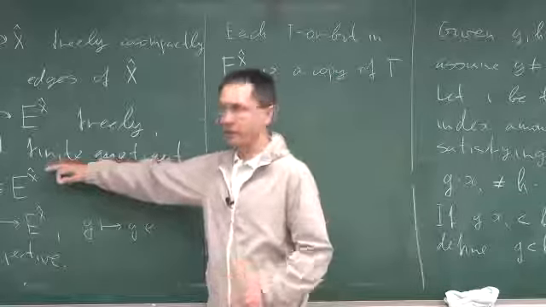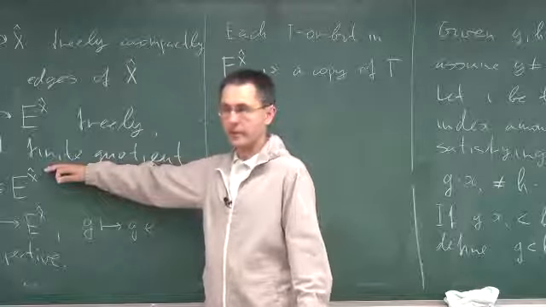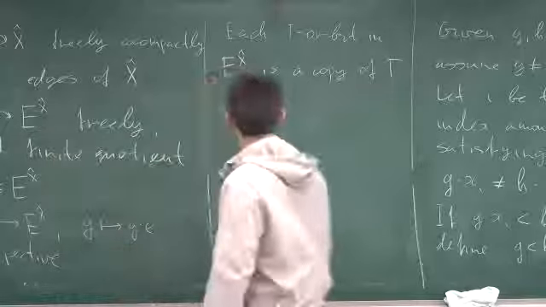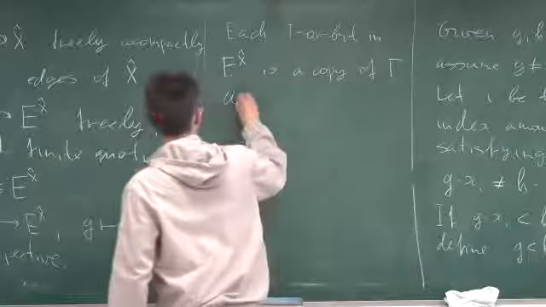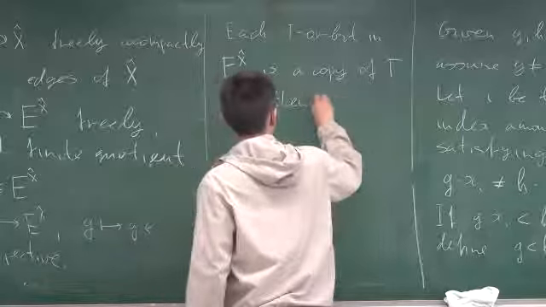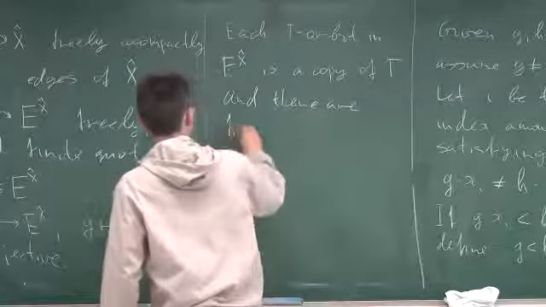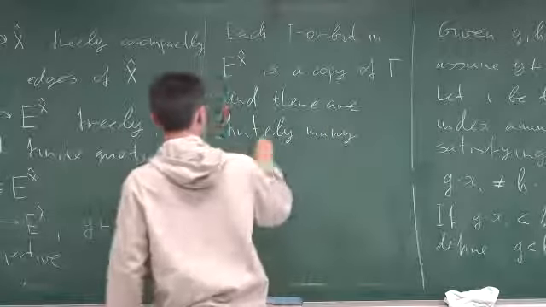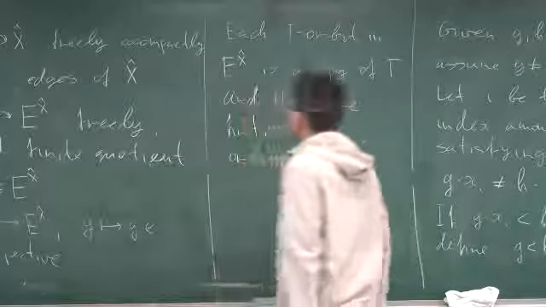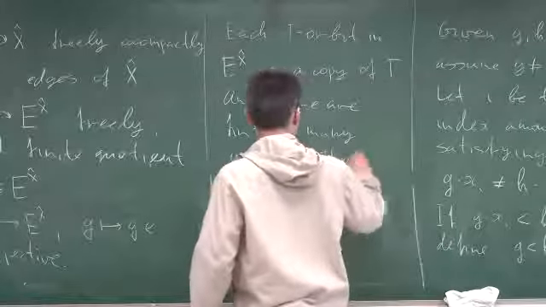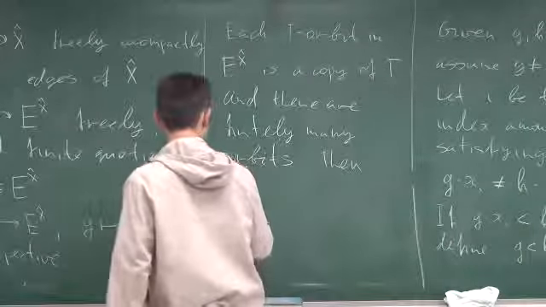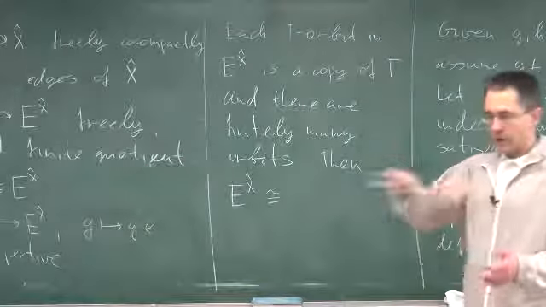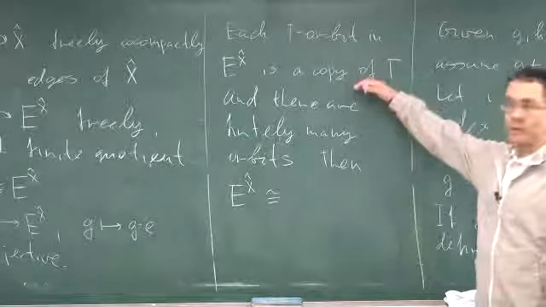So this condition with finite quotient, right? Finite quotient means that for this action there are finitely many orbits. So that means that we can identify the set of edges with, so it's just finitely many orbits, but each orbit is a copy of gamma.